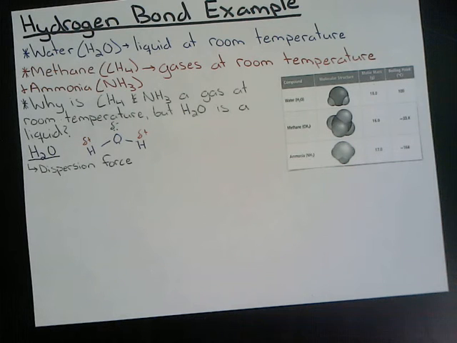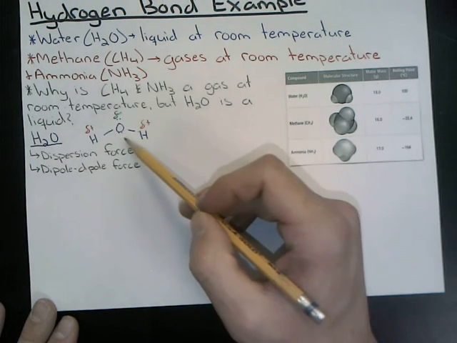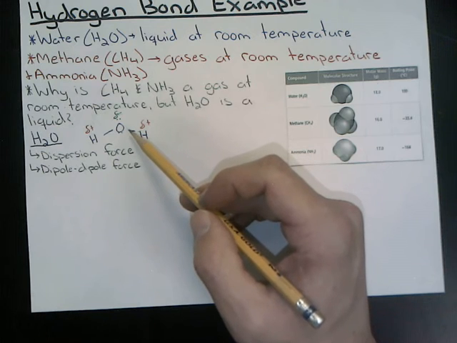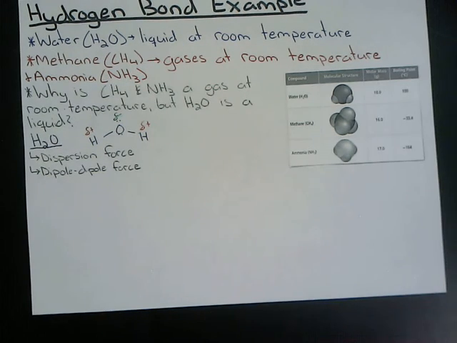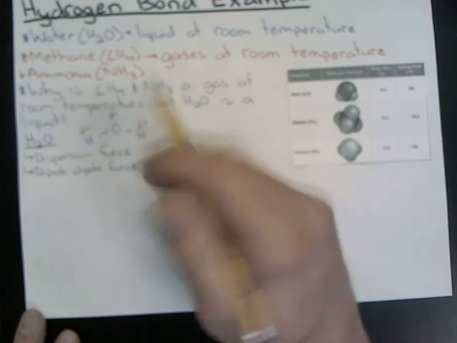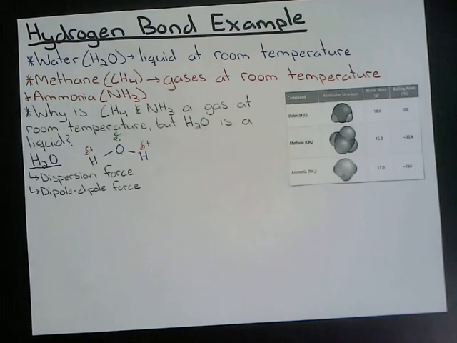having a dipole-dipole force. And then check this out. Remember, to be a hydrogen bond, you had to have a hydrogen bonded to one of those three elements, which would be fluorine, oxygen, or nitrogen. Well, hey, H and an O constitute our hydrogen bonding. So H2O also has hydrogen bonding.